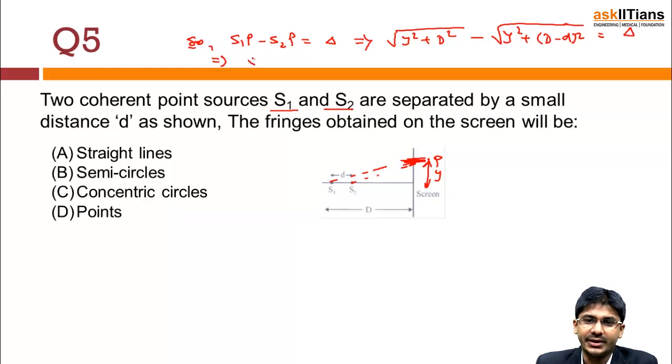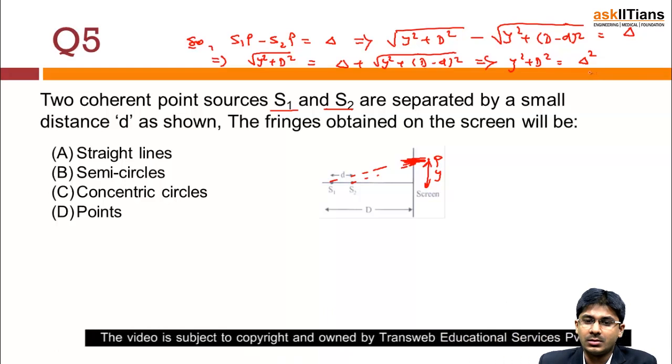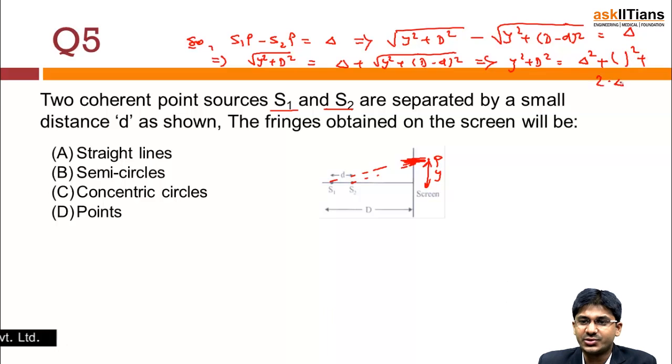So we can write it like this: delta plus this square. So what we get, if you square this, is the square of this term plus twice delta into this term.